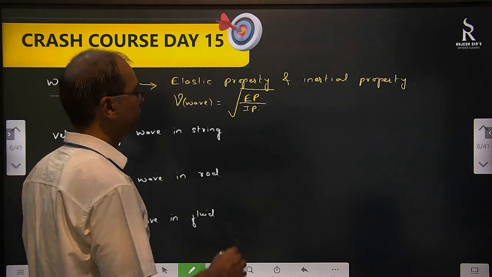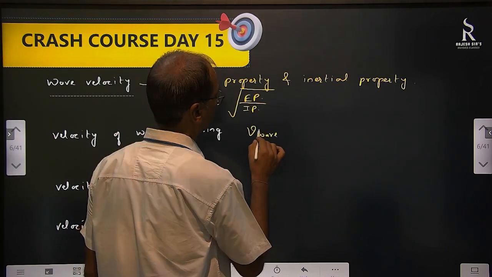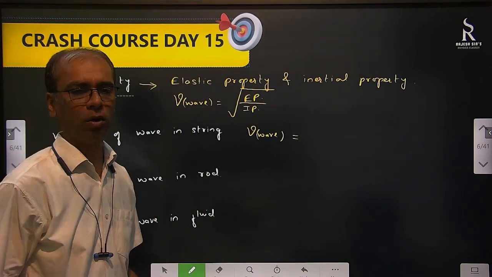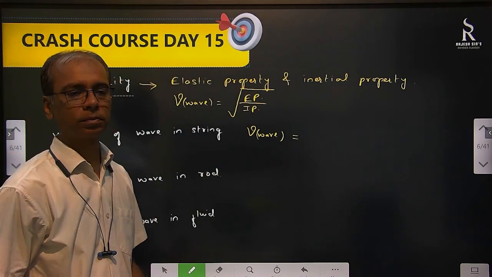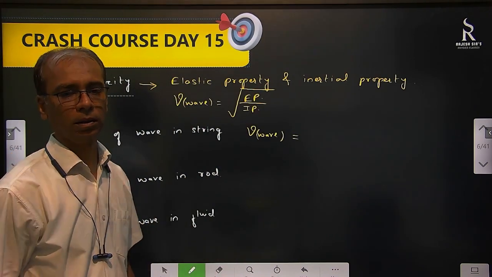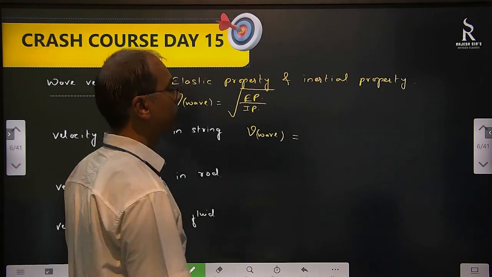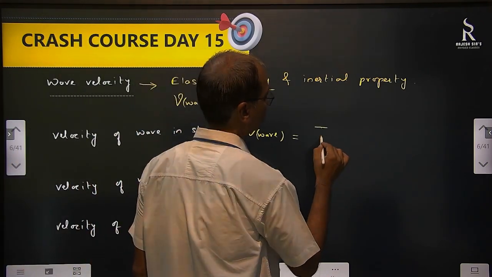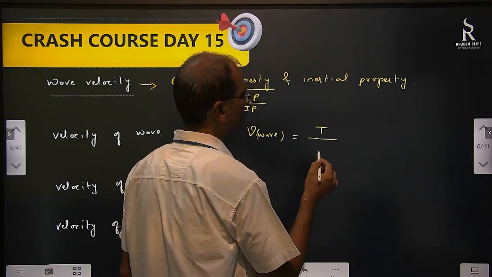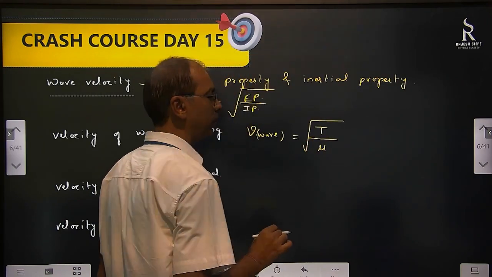Now the question is, when we are talking about a wave in a string, what represents elastic property? Normally elastic property is represented by modulus of elasticity. In a string, we said Young's modulus is there, but here we are going to represent it in the form of tension, and the inertial property is linear mass density. It is density only, but linear mass density.